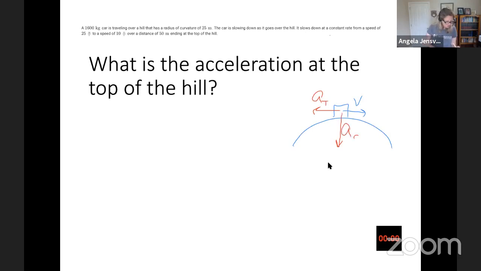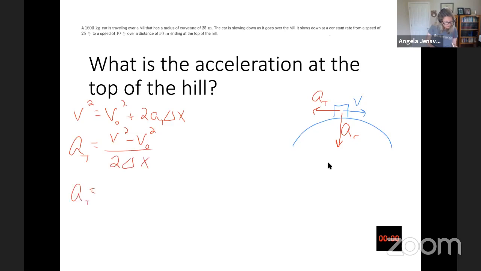So let's start off with the tangential acceleration. It'd be v squared minus v naught squared over 2 delta x. So final is 10 squared minus 25 squared over twice the distance.